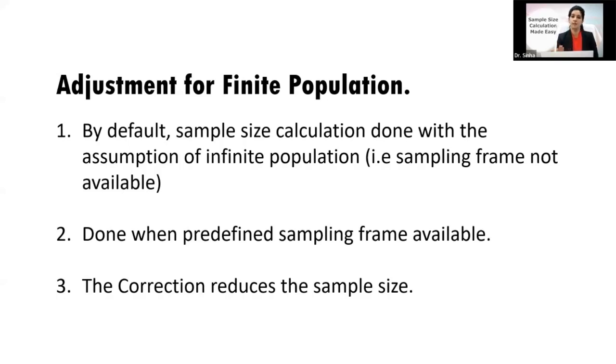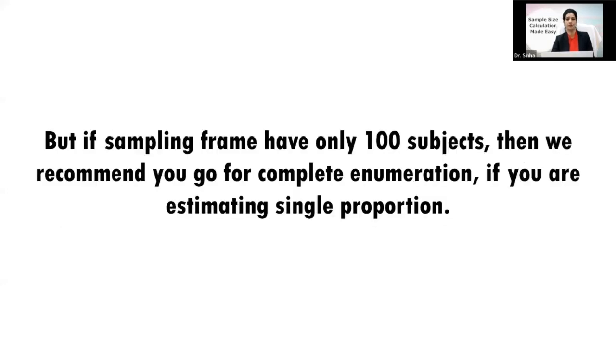Because if your sampling frame or population is 10,000 or more, then the sample size estimation, even without this finite population correction, is nearly the same. This correction reduces the sample size. So that's how you do the adjustment for finite population.